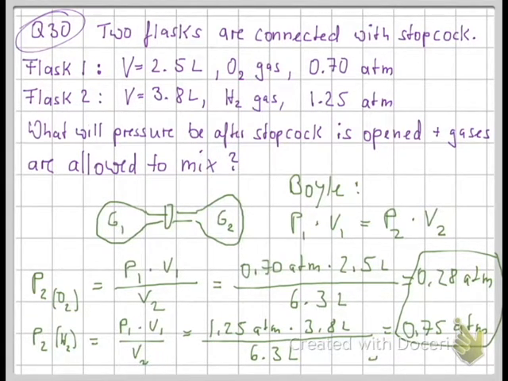P total equals 1.03 atmospheres. Since we're adding up atmospheres, we should be okay with supporting 2 decimals there.